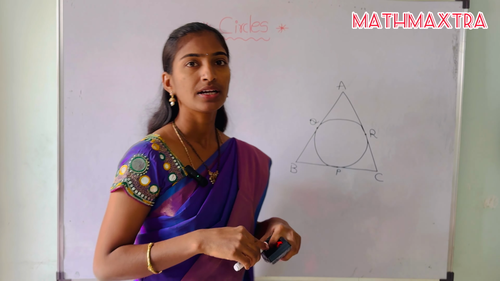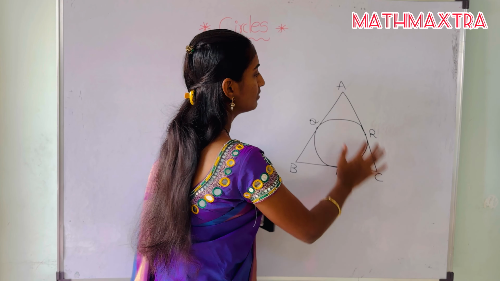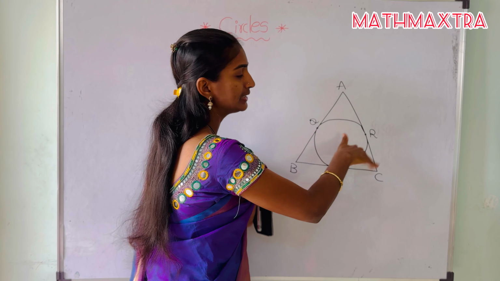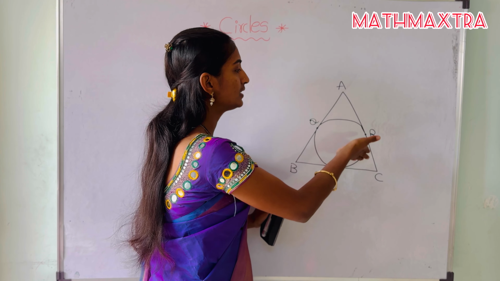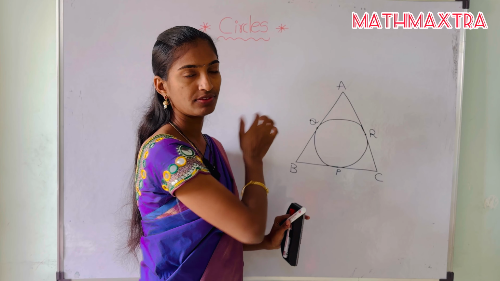Our next point is, see, I have considered a triangle ABC. Now I have drawn an incircle of the triangle. What is an incircle? A circle which touches all the sides of a triangle is called the incircle of a triangle.